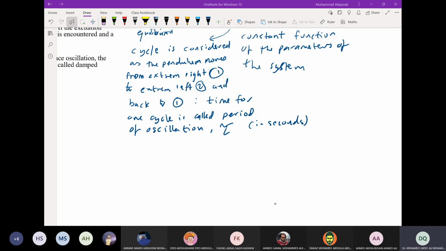Okay, so it is constant provided that oscillations are small. We are talking about small oscillations. So 5 degrees or 10 degrees might be the same, you know, the time is almost the same.